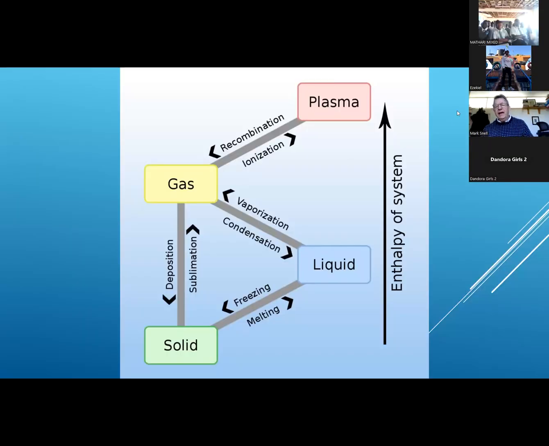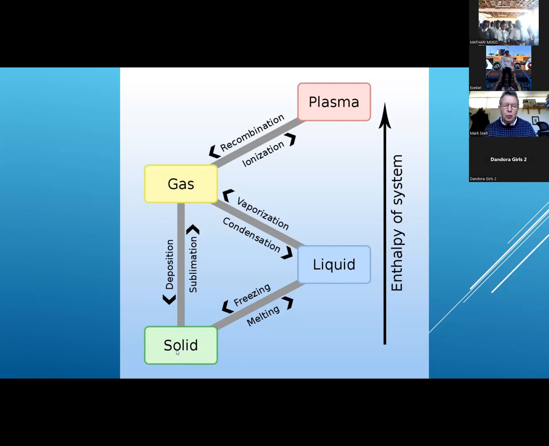So here are the standard state changes which you should know about. It's important that you do know the words: a solid melts to make a liquid, which vaporizes or boils or evaporates to make a gas. A gas turns back to a liquid by condensing. A liquid freezes to make a solid.